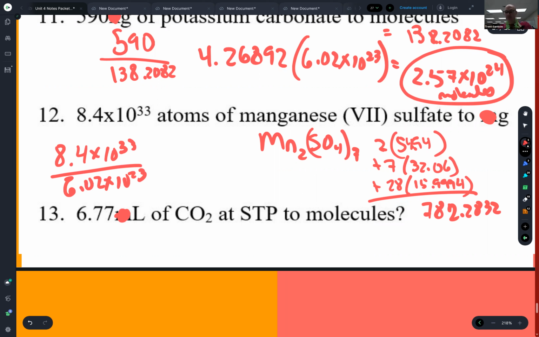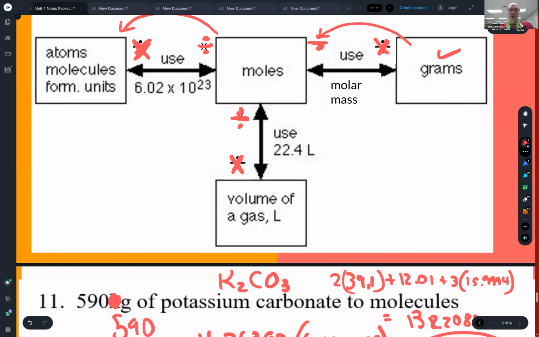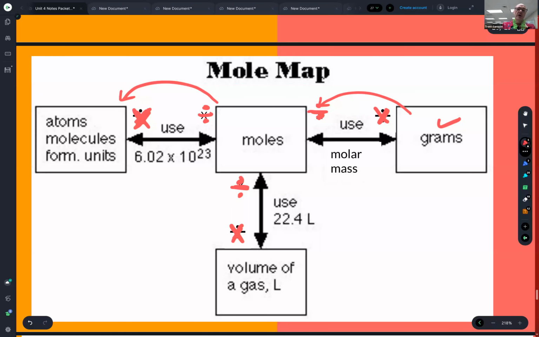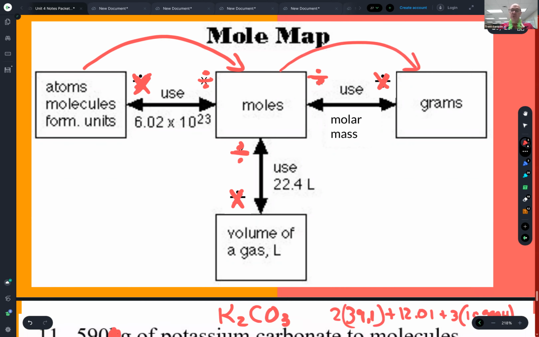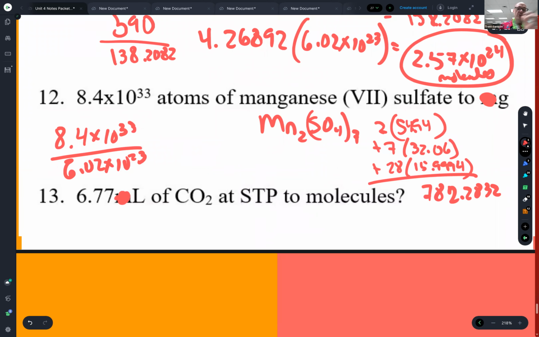So if we look at the mole map, we are starting on the far left, and we are wanting to go over to the far right. So what that means is we need to divide by Avogadro's number, and then we will multiply by that weight that we just calculated. So here we go. We're going to divide by Avogadro's number, and then we're going to multiply by what we just did here, the 782.2832.